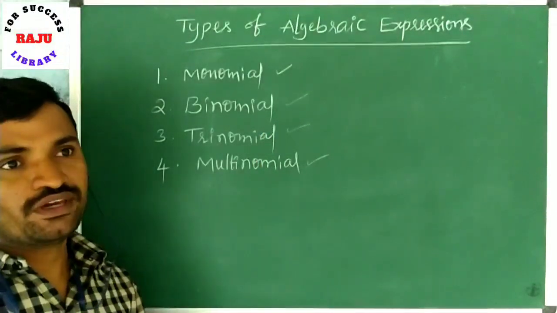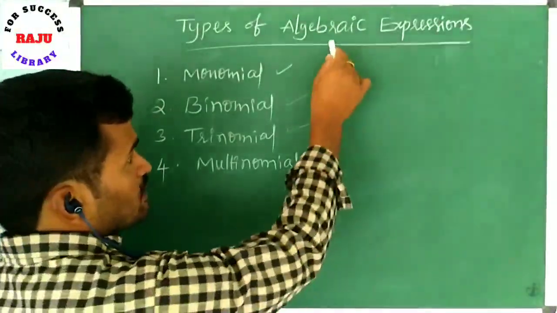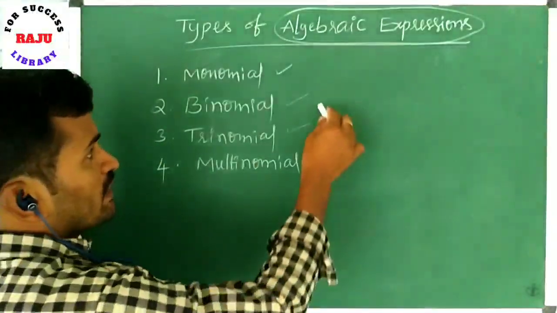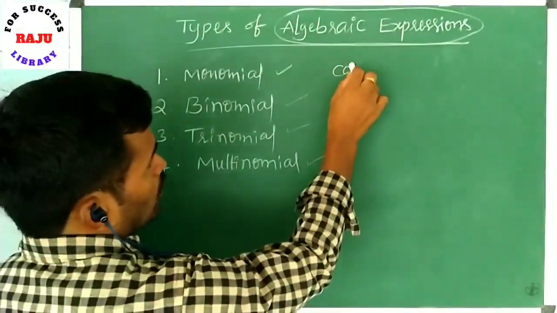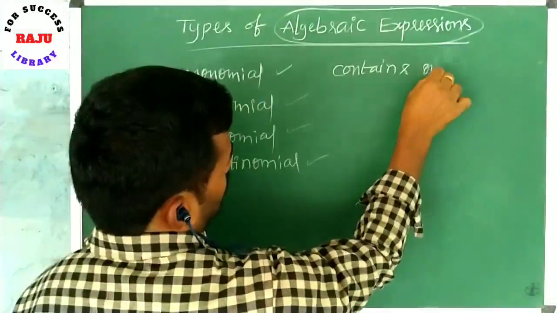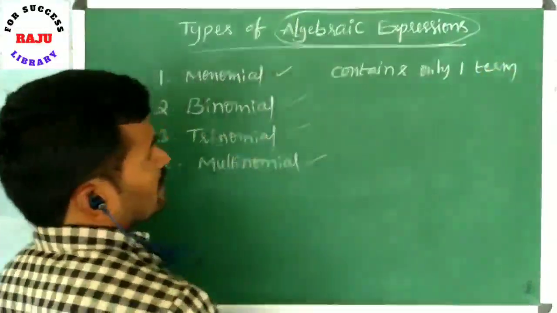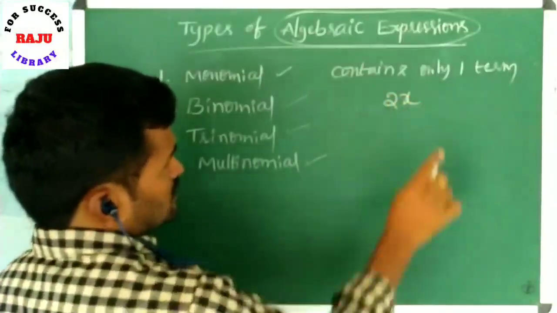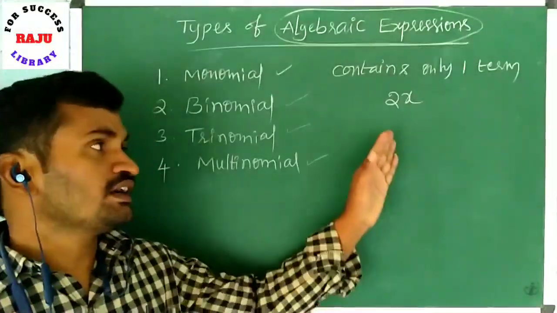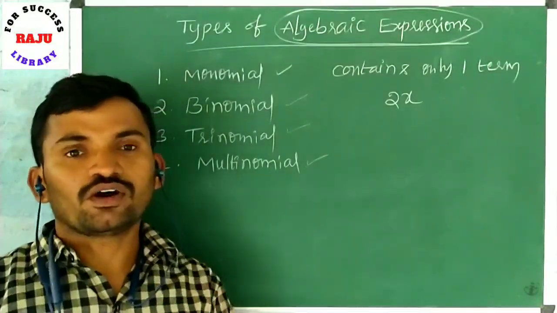So, what is a monomial? If an algebraic expression contains only one term, for example 2x, it is a monomial because of a single term.